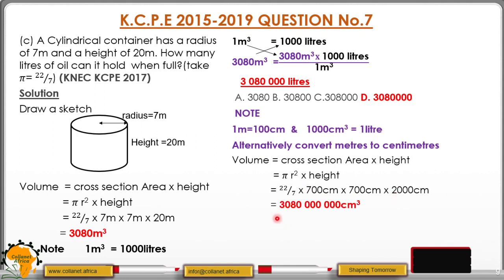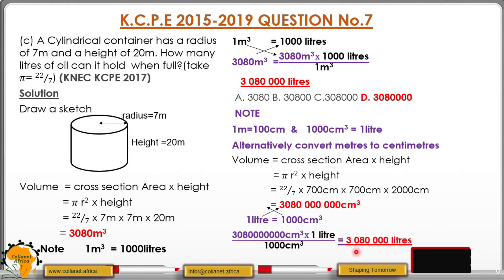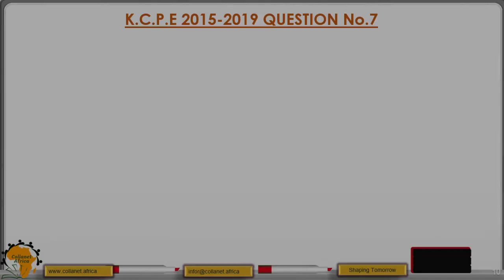This will give you 3,080,000,000. After you have done that, you divide with 1,000 to get the number of liters. So the answer is choice D.